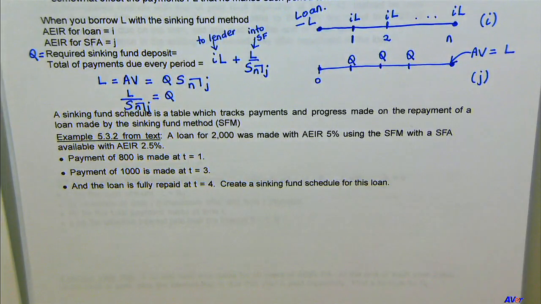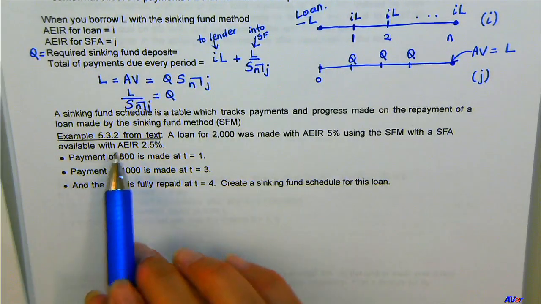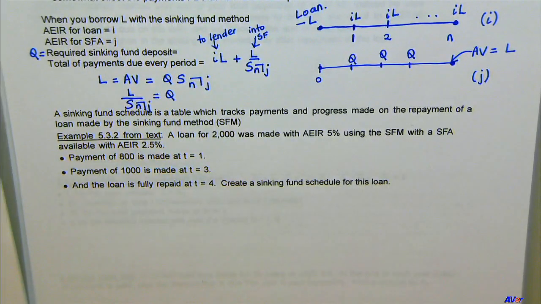Okay. So question, a sinking fund schedule is a table which tracks payments and progress made on the repayment of a loan made by the sinking fund method. So the next question, example 5.3.2 from the text. A loan for $2,000 was made with annual effective interest rate 5% using the sinking fund method with a sinking fund account available with annual interest rate 2.5%.